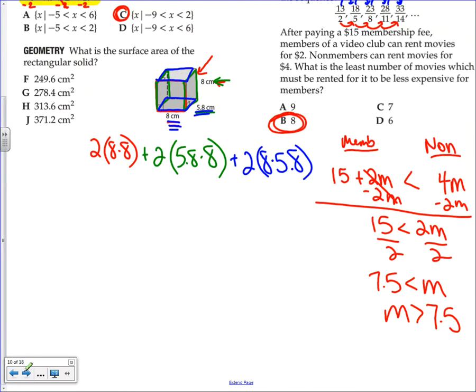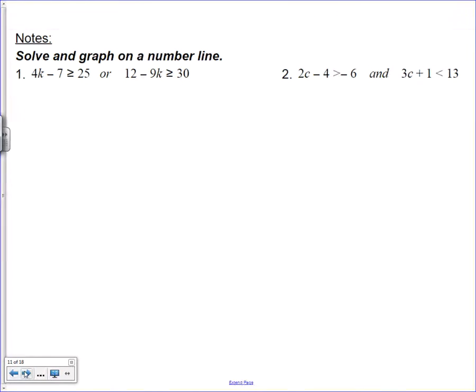Let's come down here and solve a couple of and/or problems. If you look at number 1, you see that or in the middle. There are 2 problems here, so you just need to isolate the variable in both of them. In the one on the left, we're going to add 7. Then we'll divide by 4. You'll notice the k is on the left, and that one's good to go.